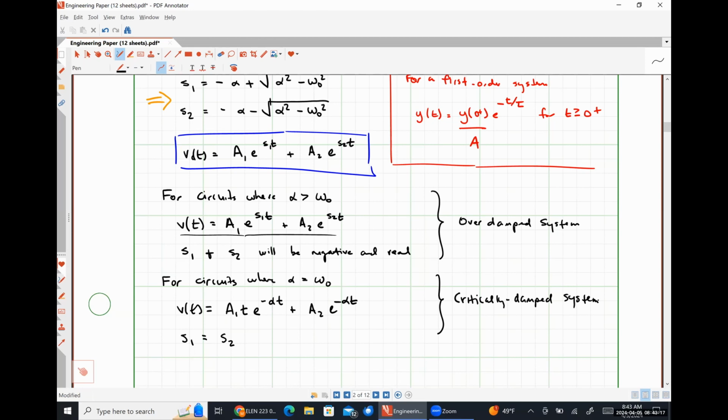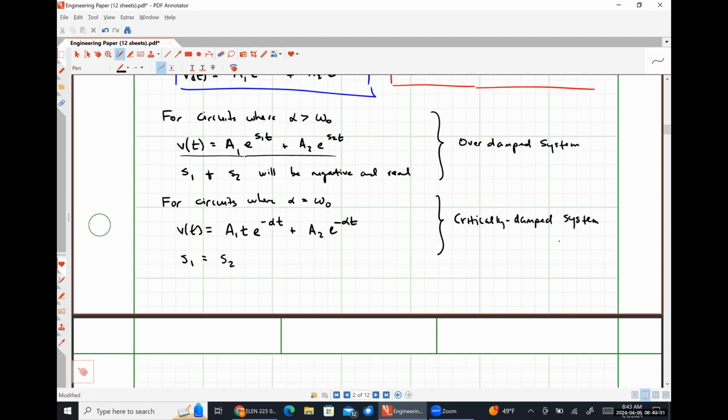And here in a moment or two, I will draw out what each of these responses might look like so we can see the difference between the types of damping that we're experiencing.